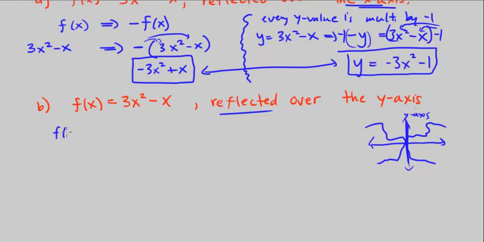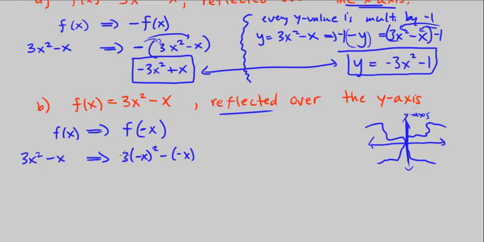So if we start with f(x), to reflect across the y-axis, we put inside the parentheses that x is going to be negative. If we start with 3x² − x and plug in −x, we have 3(−x)² − (−x). I'm just changing every x to be −x.